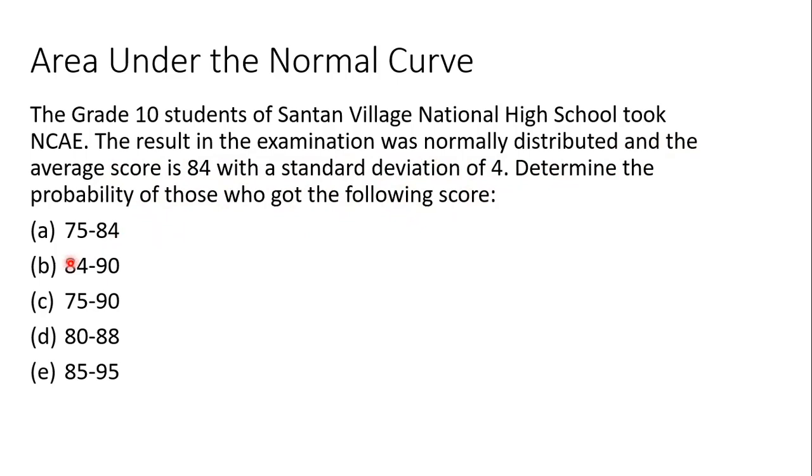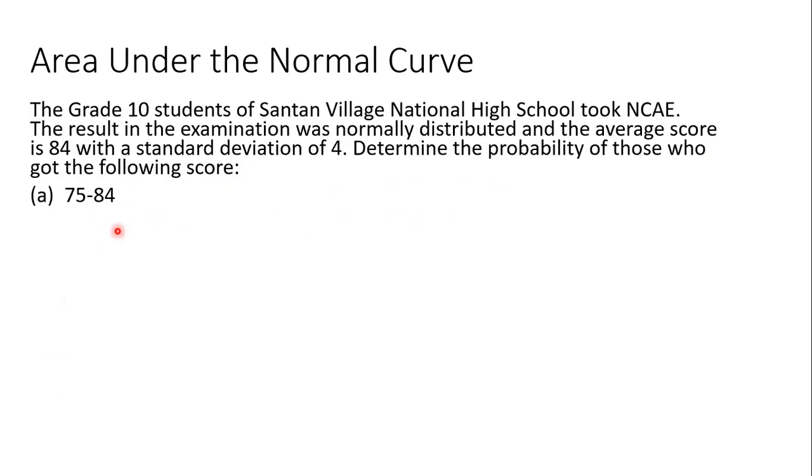You have A, B, C, D, and E. So, punta po muna tayo sa letter A. We're going to identify the probability of those who got the score between 75 to 84. Since 84 is our mean and the standard deviation is 4, that means 75 will be our X.